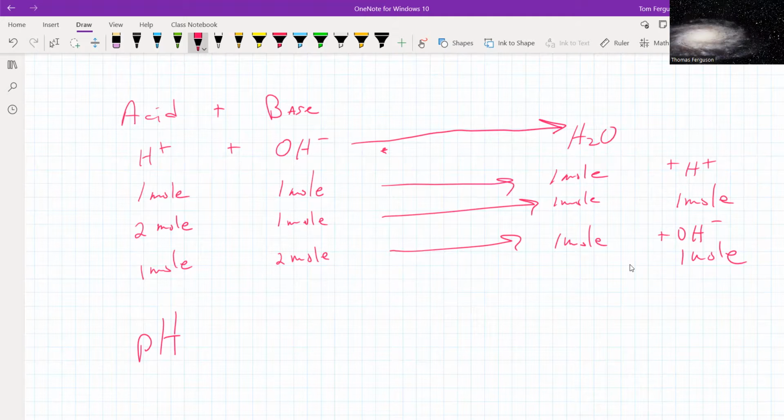Okay, so at pH 7, that's when there's no acid or base. I'm going to say no here as a qualified no, because there's a tiny bit of H plus present and a tiny bit of OH minus. But for our purposes right now, we're going to say no. But I'm going to refine that big time.